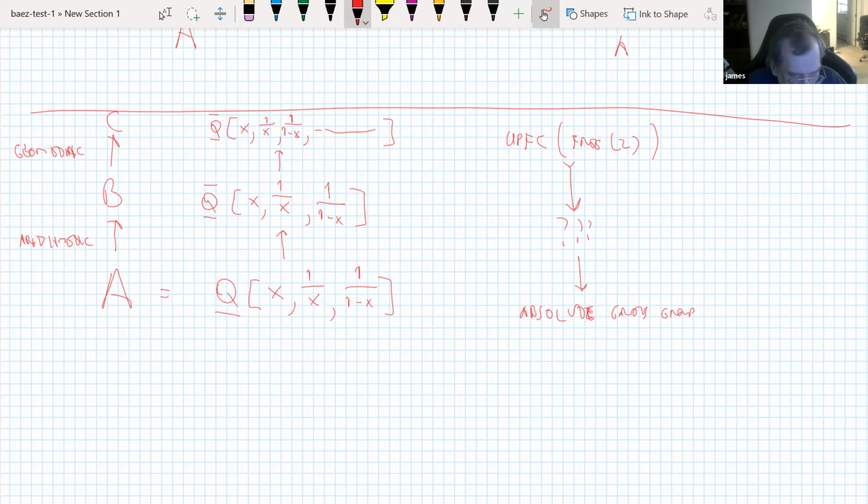One of them says that the action of the absolute Galois group on this universal profinite completion of the free group on two generators is faithful in some sense.